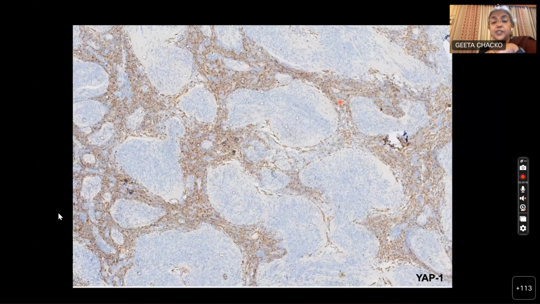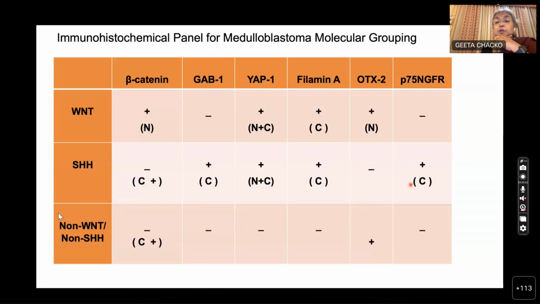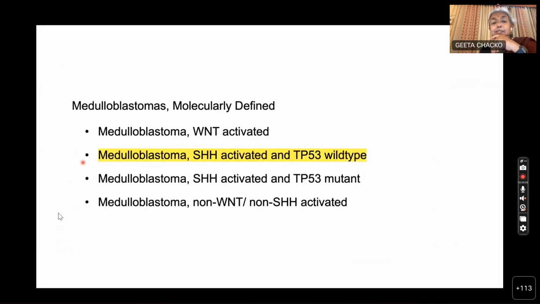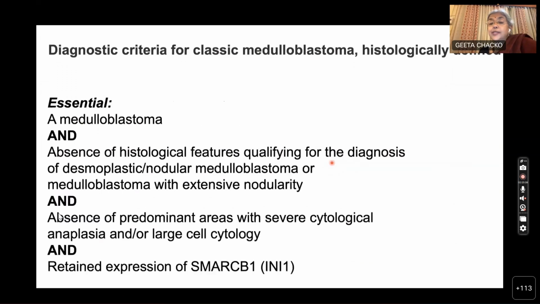And here, this particular case was YAP1 positive. So, putting all these together, it is GAB1 positive and YAP1 positive, and so it comes under the SHH group, and it's P53 negative. So, our case would be a medulloblastoma, SHH activated, P53 wild type.